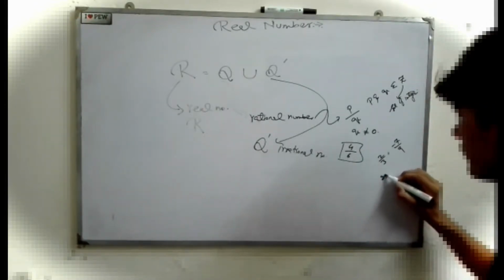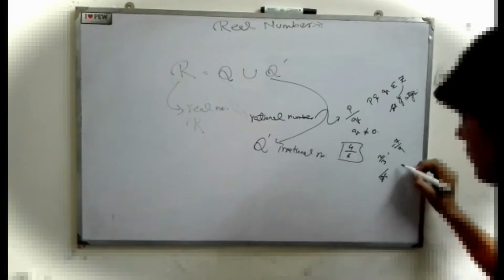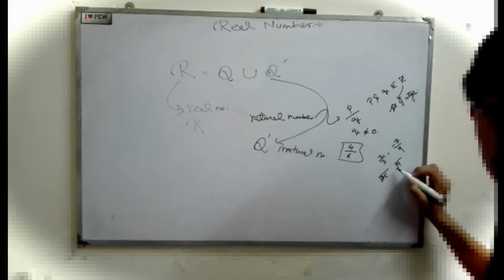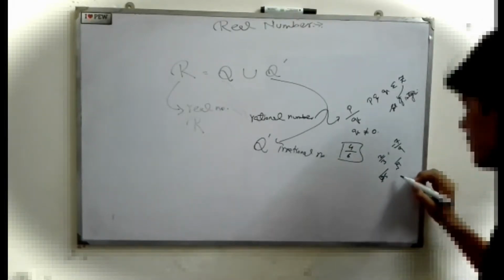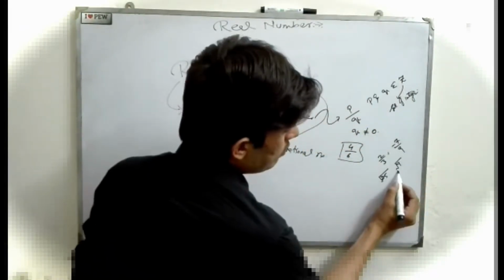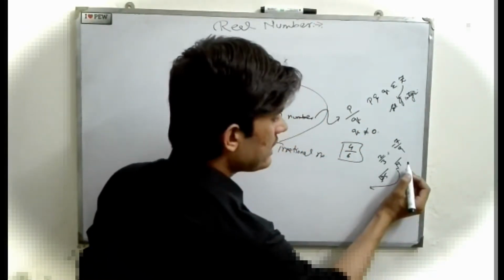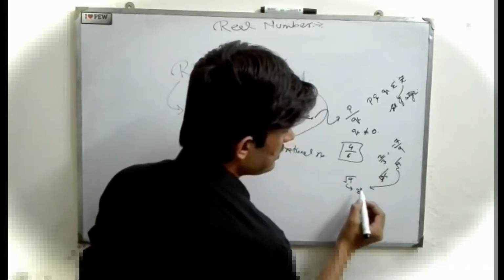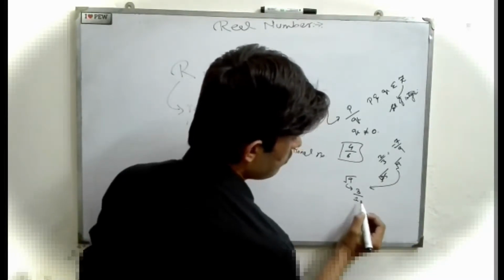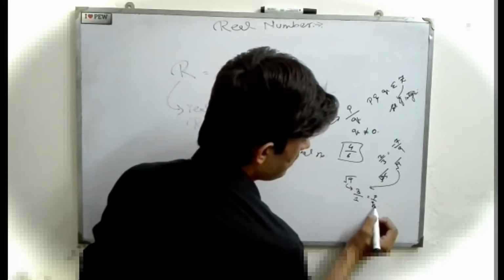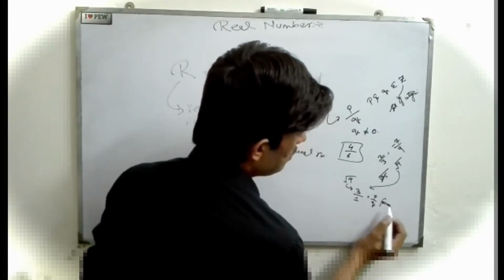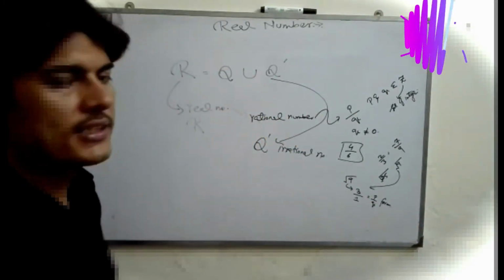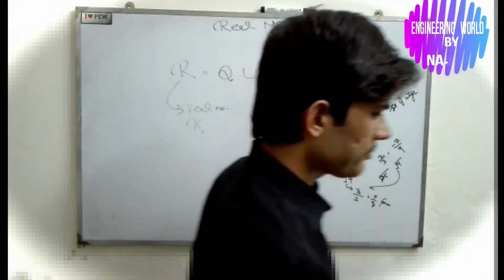Also the square root of 25 is a rational number. The square root of 9 is also rational because it is in the form of P by Q. If you simplify the square root of 9, it gives us 3, and 3 is in the form of P by Q if I put 1 as the denominator. So that's why the square root of 9 is a rational number.